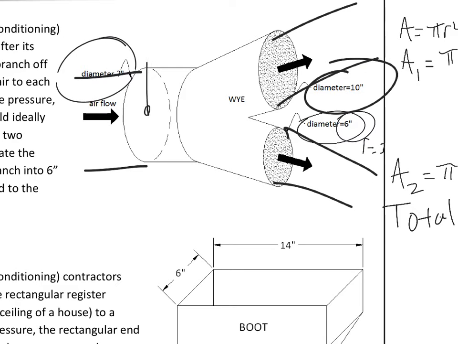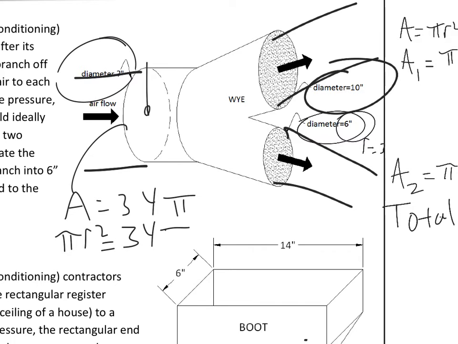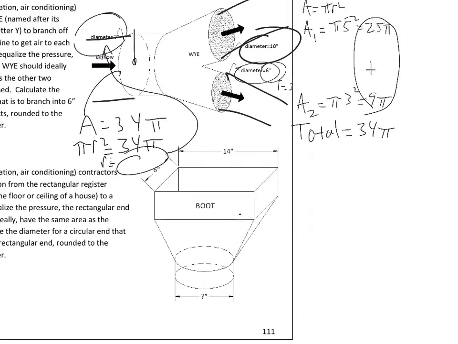We need this area to be 34 pi. And the question is, what's the radius? Pi r squared is how we find the area of a circle. What is that radius that will give us 34 pi? If you want to make this into a decimal, you can divide off that pi, take the square root, see if you can figure out what the radius is, and then use that to find the diameter, which is what the question's asking.